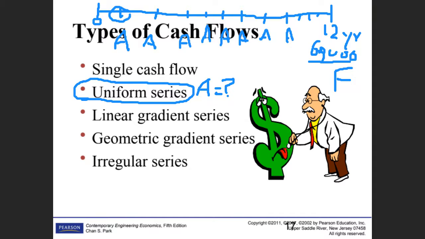Yes, you are right, A is 14,000 exactly, and we have to find F. If you are saving 14,000 every year, how much will be the total amount at the end of 25 years? Yes, exactly. Is it clear?